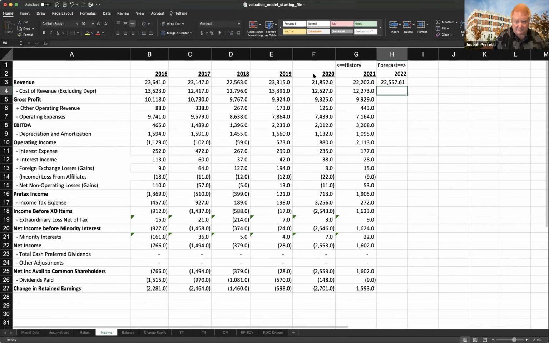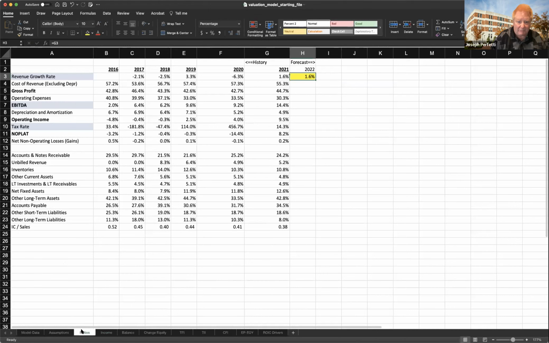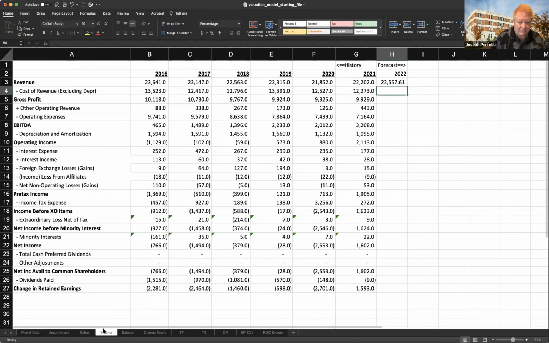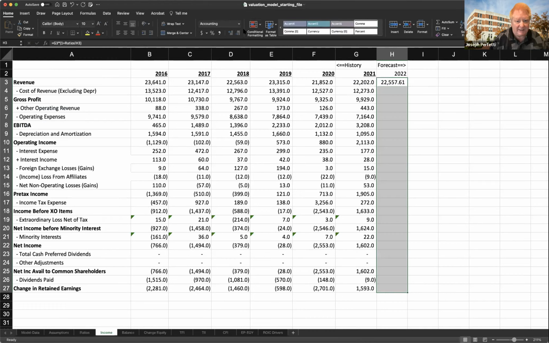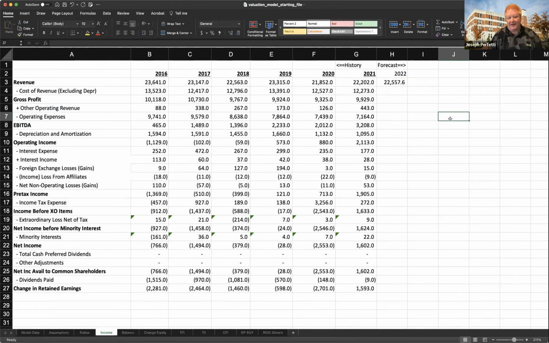Enter. So if Nokia were to grow by 1.6% in 2022, it would grow to 22,557.6 million euros in revenue. Now, just to have the formatting consistent, I'm going to select from H3 all the way down to H27, formatting, comma, 1 decimal place to match everything before.